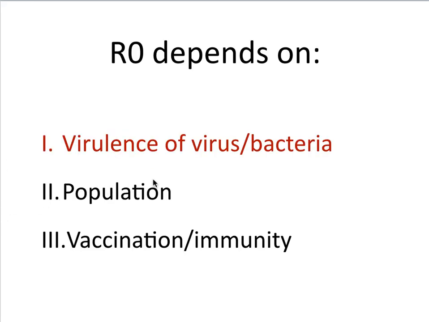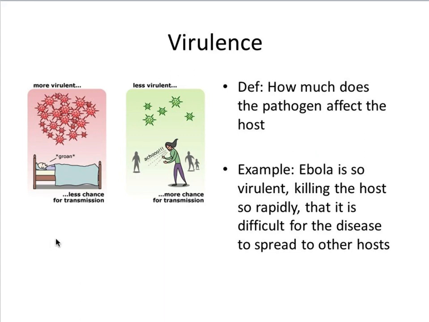So the R0 depends on a lot of factors. One of them is the virulence of the virus or bacterium. But let's just talk about viruses here. Because the more virulent, so the more disease-inducing a pathogen is, the less chance for transmission, as you can see here.